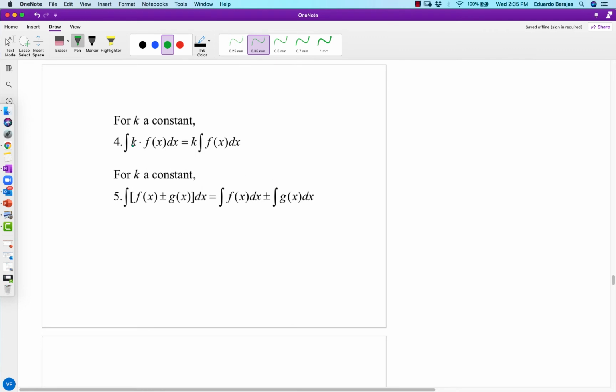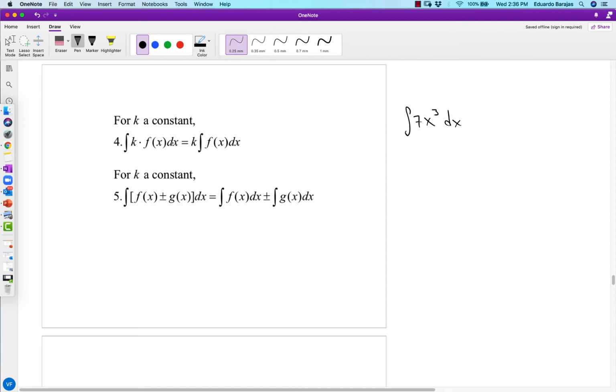Okay, also we have that if we have the integral of k times f of x dx, then what we could do is pull that k out in front, as long as it's a constant, it's not a variable, it doesn't have anything to do with the variable of integration. Good. So this is saying that, for instance, if we have the integral of 7x to the third power dx, well, that 7 is just some constant.